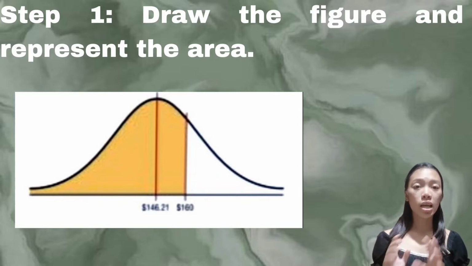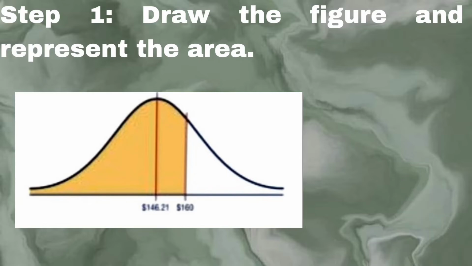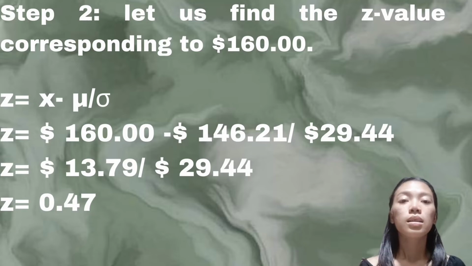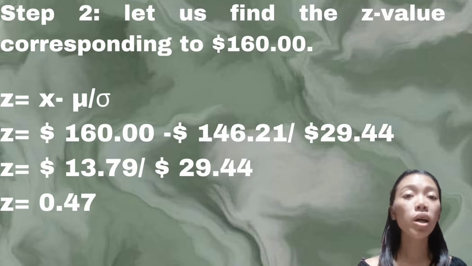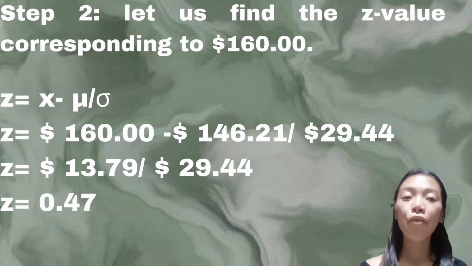So, after sketching, let us proceed to step 2. Let us find the z value corresponding to $160. We will use z equals x minus mean divided by the standard deviation as our formula.